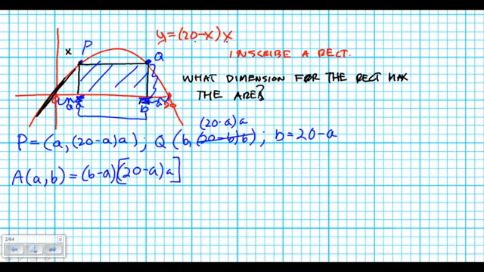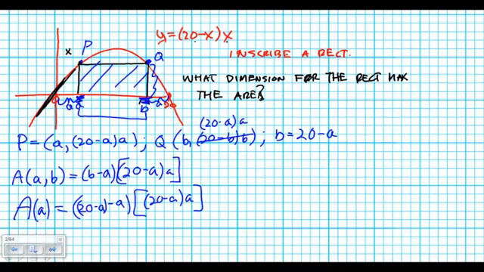Does that help? Sure. That means when we come to the substitution step, every occurrence of b can get replaced by 20 minus a. So (20 minus a) minus a, times (20 minus a) times a. And now big A is a function of only one variable, little a.